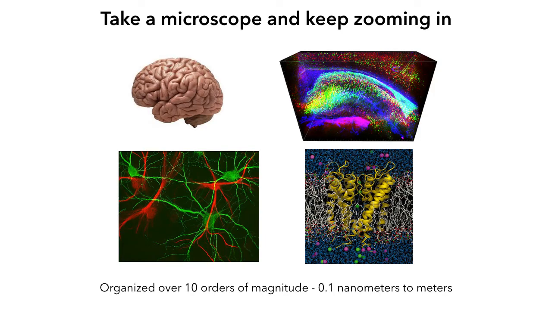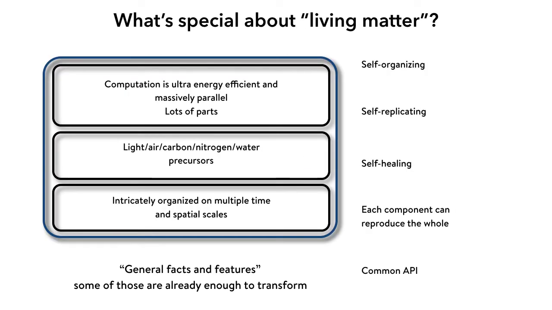So in living matter, you're able to focus in over many orders of magnitude from nanometers to meters and keep discovering new things, new forms of spatial organizations, new kinds of patterns, unlike when you zoom through a car or a block of metal or a computer or something like that. Just those basic facts and features about living matter are already enough to transform a lot of different fields, whether it's how you make things or how you keep people healthy, how you fix the climate.